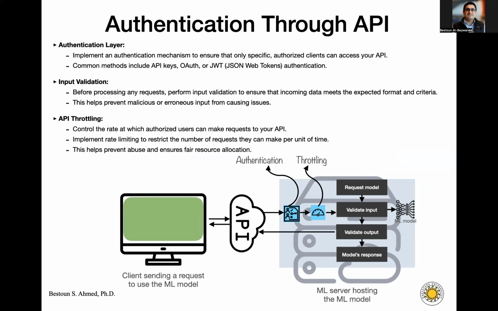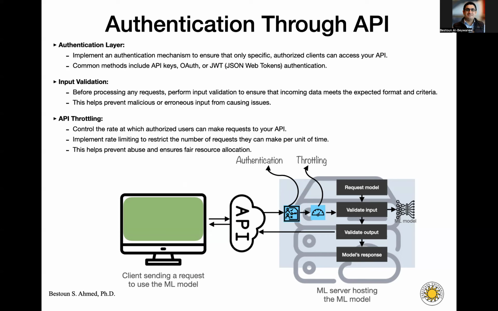Also, not everybody should send an input for your API if you create an API for your application. So there should be input validation and API throttling. Before processing any request, the input validation should ensure that the incoming data meets an expected format and criteria. That's the most important thing for the authentication, like for example, some secret key or password and so on.